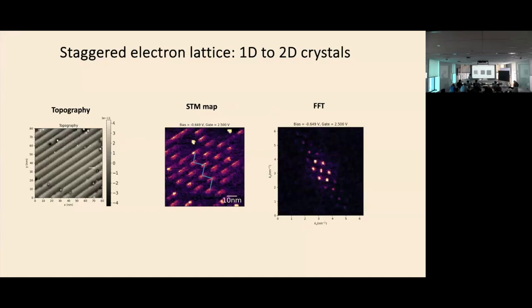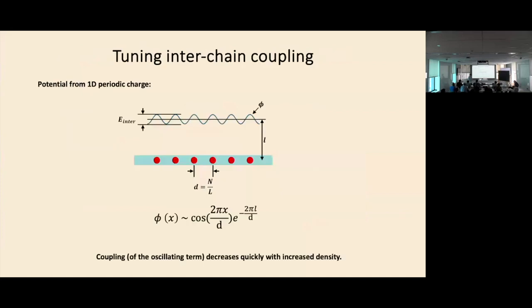However, when we change the electron density, the chain-chain interaction strength can be modulated. The way to understand this is fairly straightforward. If you have a periodic charge in one chain, and you ask what the residual periodic potential is in the adjacent chain, then when you increase the electron density, the net Coulomb potential suddenly increases.